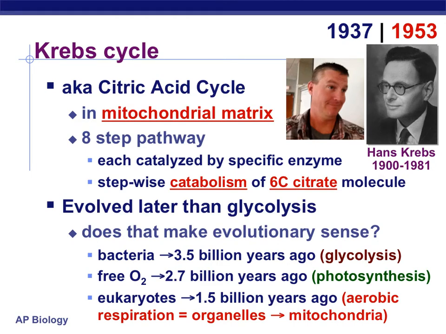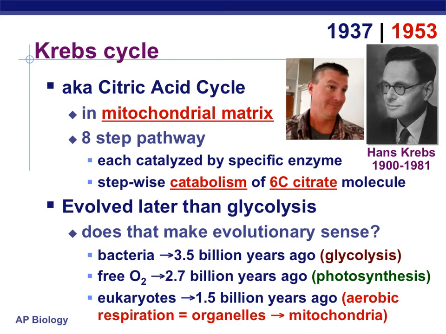And there is a catabolism of the 6-carbon citrate. And then again, it goes around essentially in a cycle or a cyclic manner. So the point is that it evolved later than glycolysis. Remember, the enzymes of glycolysis, the compounds involved, are very similar among all organisms.